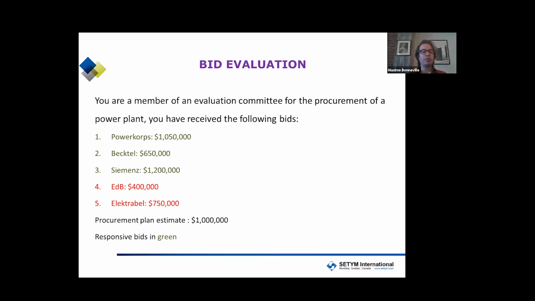Number 1, 2, 3 are the ones that are responsive. Your procurement plan estimate was $1 million US. And as you can see, the amounts in US dollars have been listed for every bid. For example, Siemens is 1.2 million US dollars. So look at this a little bit, and I will ask you the first survey question.